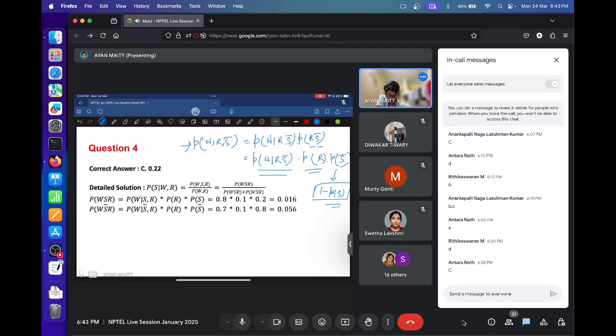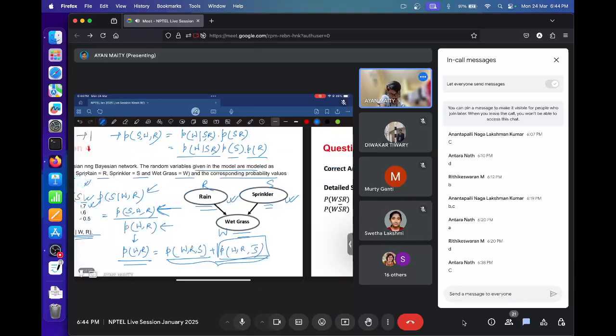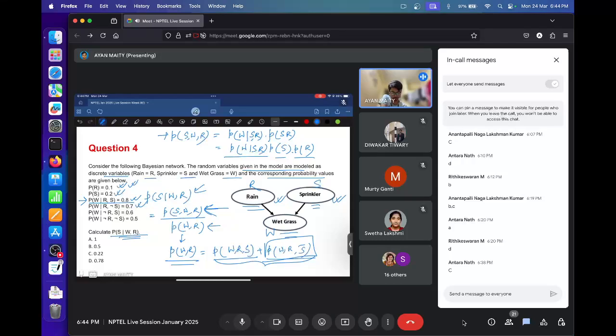And once you find these two probability values, you have to put the values into this formula to find out the probability for S given W comma R. So the calculations might seem slightly difficult to understand, but you just have to apply the conditional probability definition in every step so that you can use these given probability values.